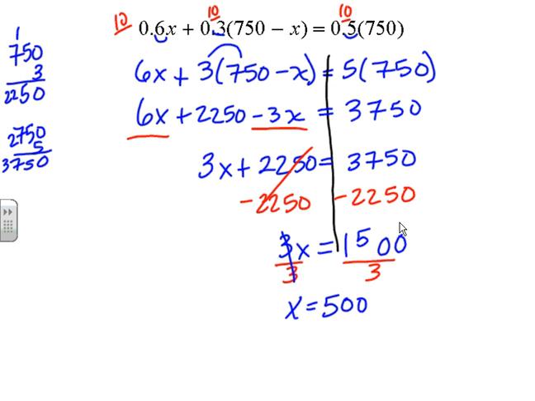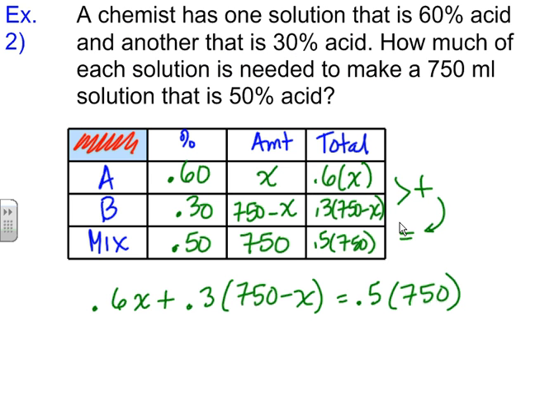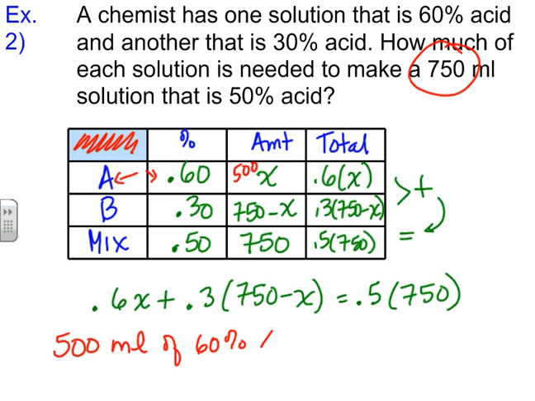Let's see if that's a realistic answer. Okay? We need a total of 750. So 500 is reasonable. So 500 is going to be our solution A, and our solution A is the 60% acid. So let's write that down. 500 milliliters of 60% acid solution.